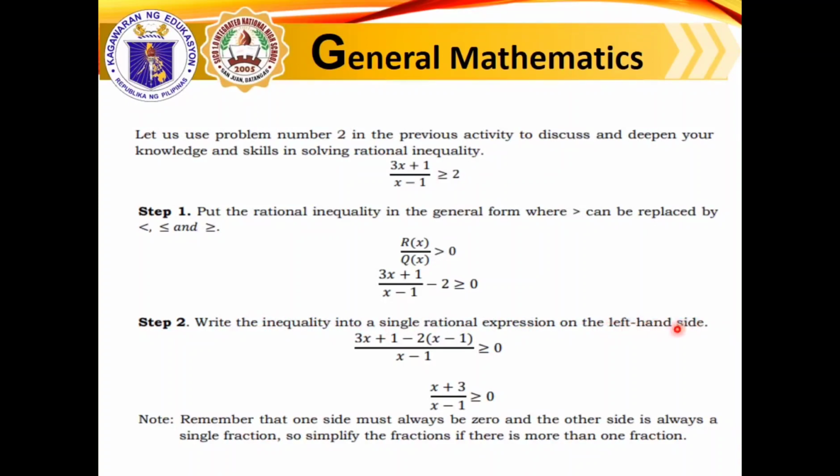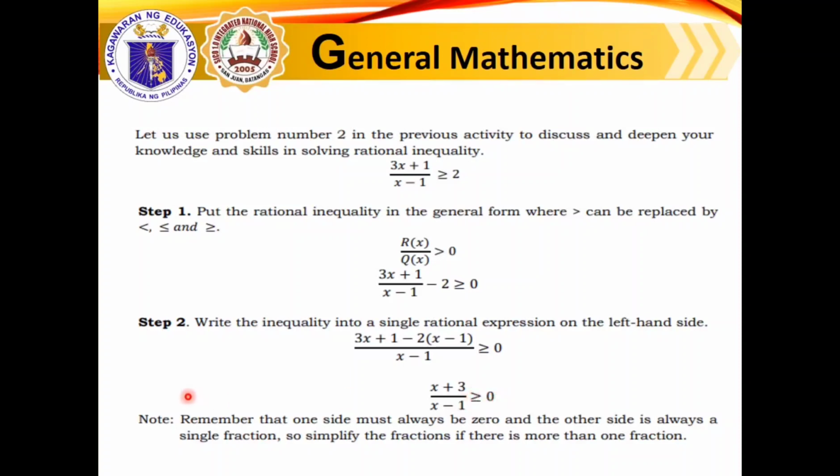So let us simplify. So it will become 3x plus 1 minus 2 times x minus 1 all over x minus 1 is greater than or equal to 0. So the simplified rational inequality of this will be x plus 3 all over x minus 1 greater than or equal to 0.